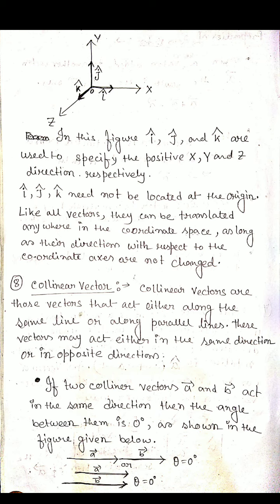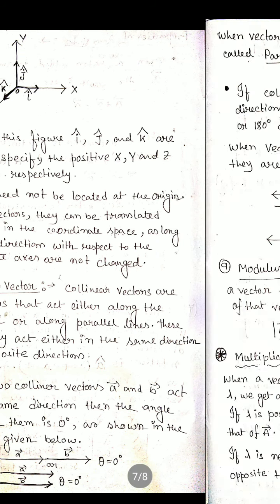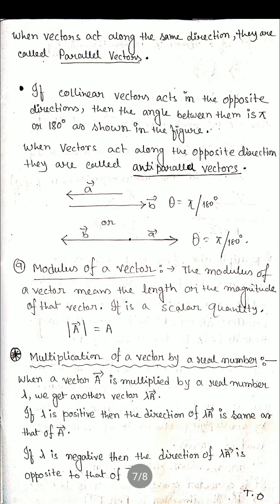Here both are in the same direction, so the angle between these two vectors is 0 degrees, because both are parallel and in the same direction on the same line. That means no angle is formed between them. So theta equals 0 degrees. This kind of vector is called a parallel vector.